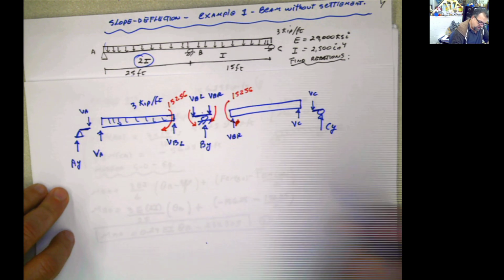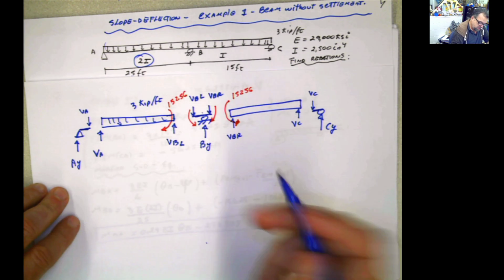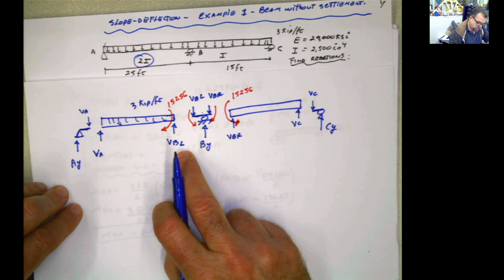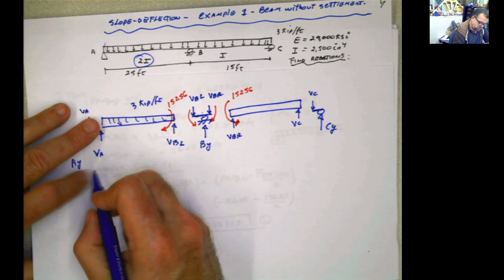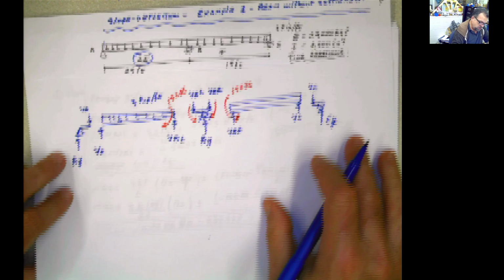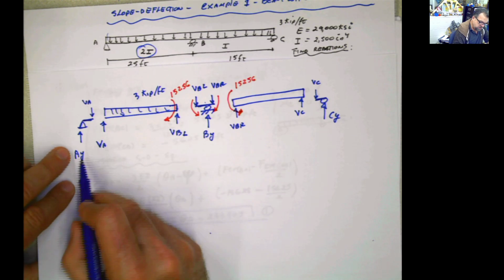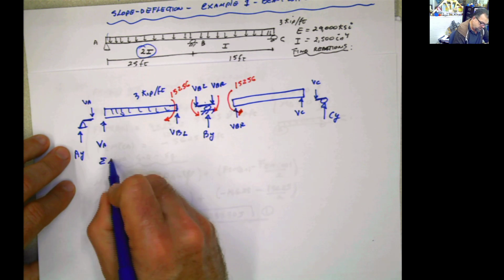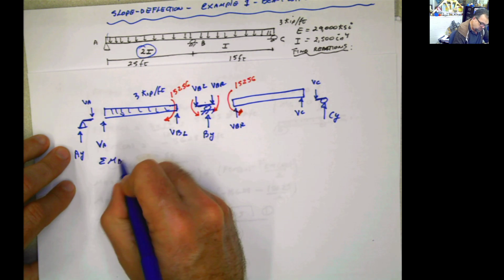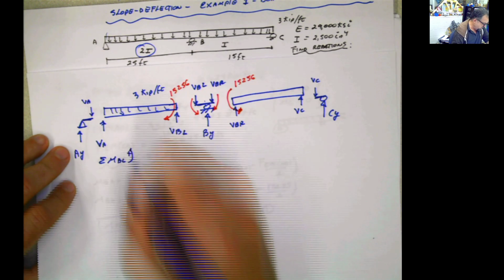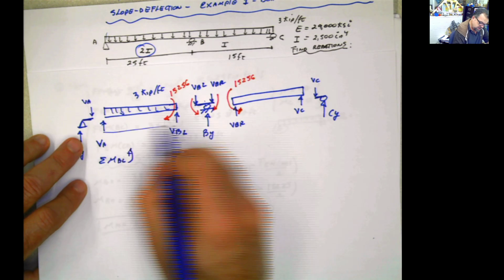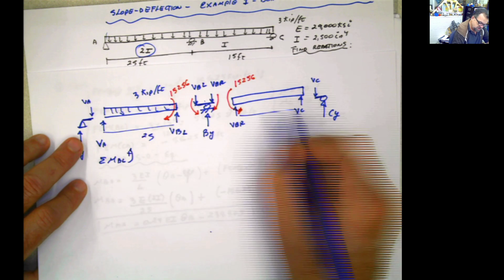What is our objective? Calculate the unknowns. What are my unknowns? For example, this one is unknown. So I can just do summation of moments. Let's say that I want to calculate the reaction in Y. The reaction in Y is the same value as this one. So if I do summation of moments at B to the left, I can say this distance is 25, this distance is 15.